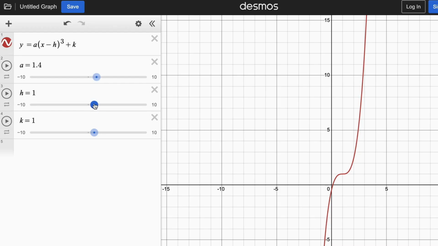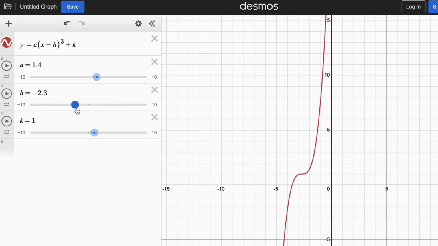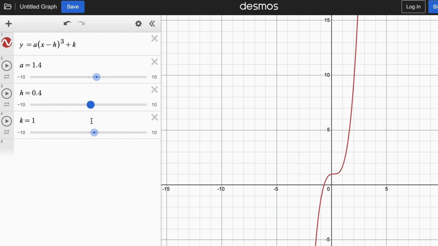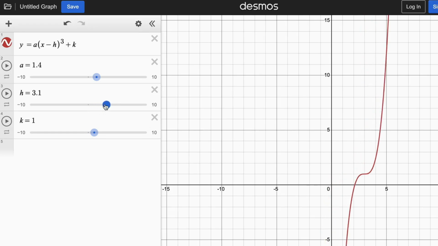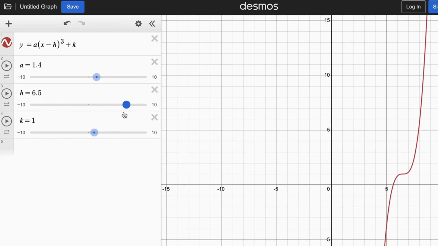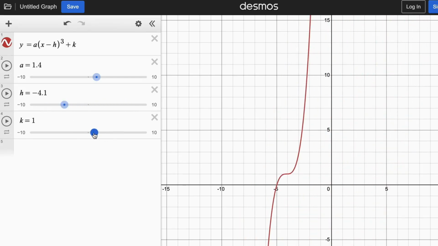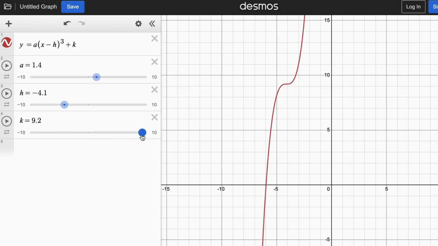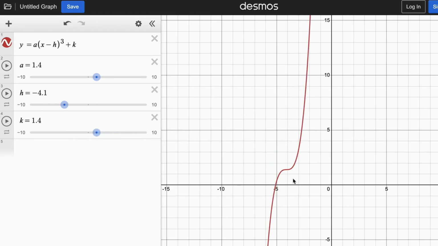Now let's look at what happens when we change the h. As you can see, h is for the horizontal. This point over here is the point of inflection, and h controls how the graph moves around horizontally. And this k controls how it goes up and down. This is the vertical movement of the point of inflection.